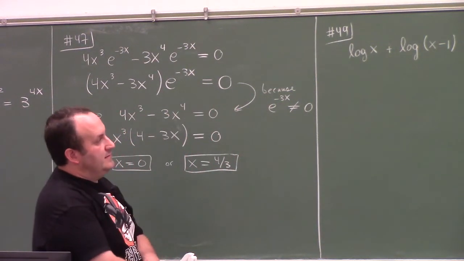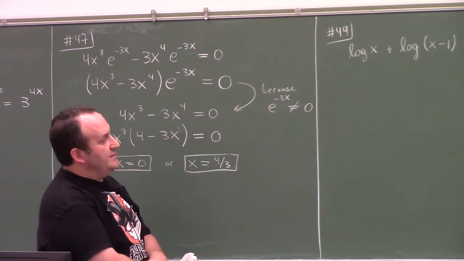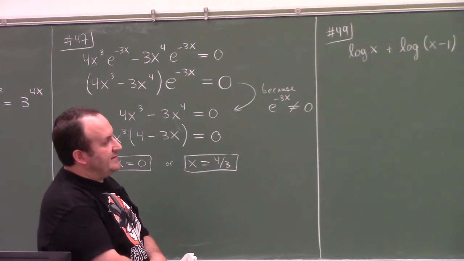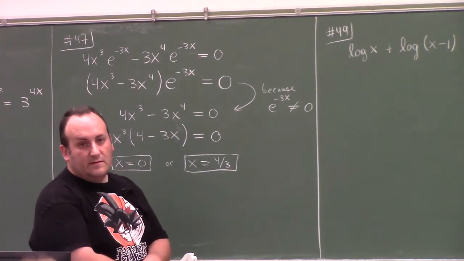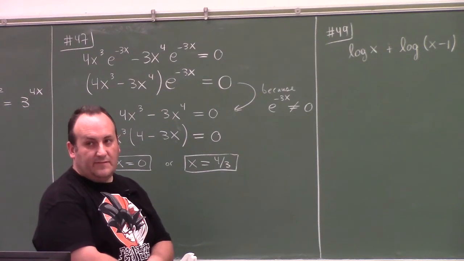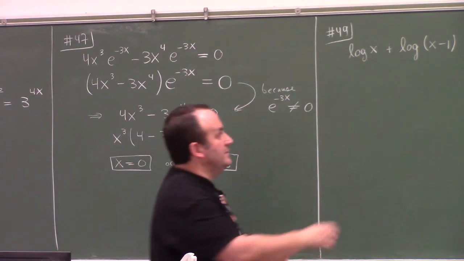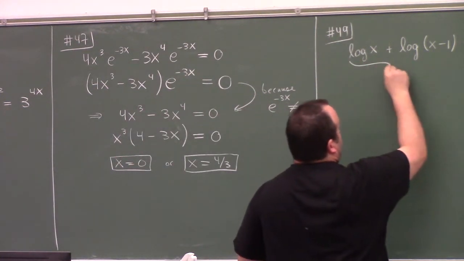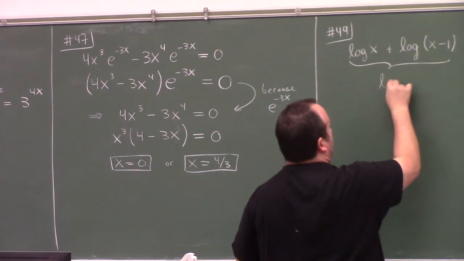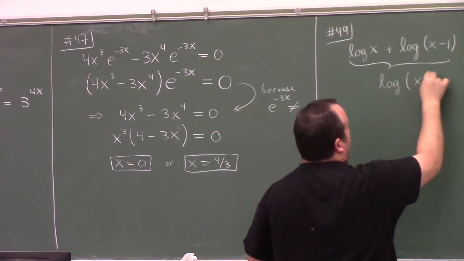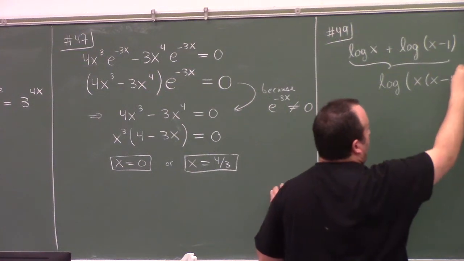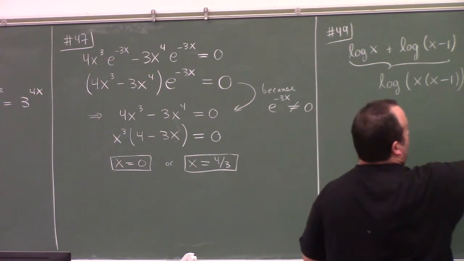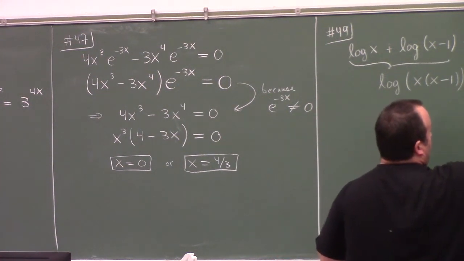I think what I'm going to do is combine the two logs on the left-hand side, and then I can use the one-to-one property of log to go from there. These two simplify into log of x times x minus 1. And of course, that's equal to the log of 4x.